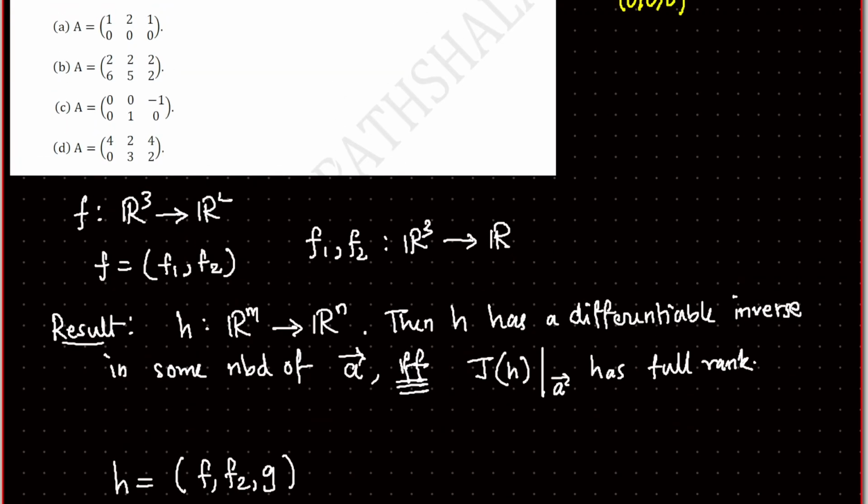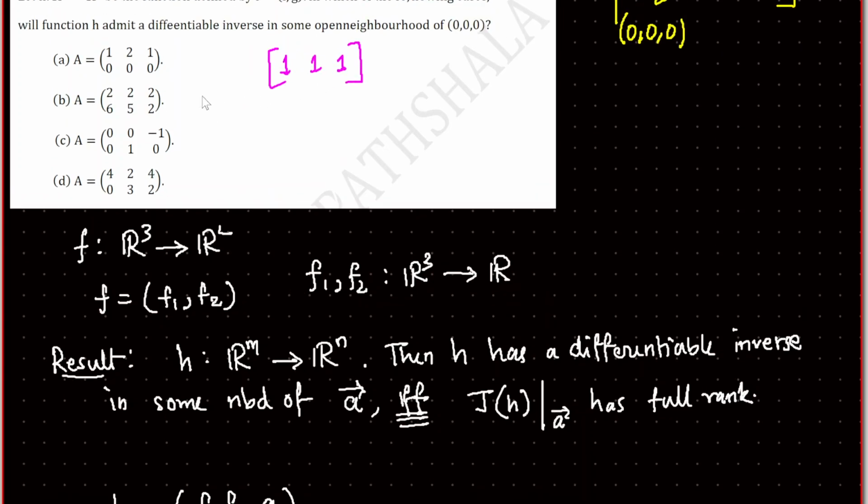Now observe that if the last row is 1 1 1, then obviously this will not hold, because the moment you have a row which is fully 0, the matrix A will not have full rank, right? Similarly, the second option is not true, because the first row, let's say row 1, is twice row 3, right? So it will not be full rank.